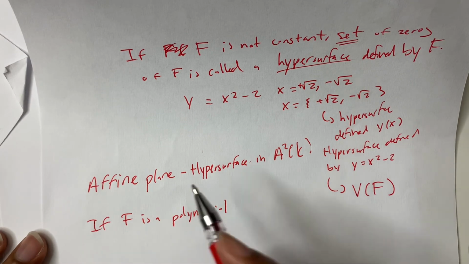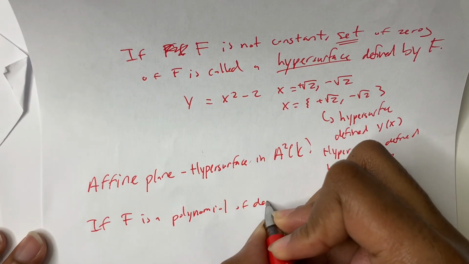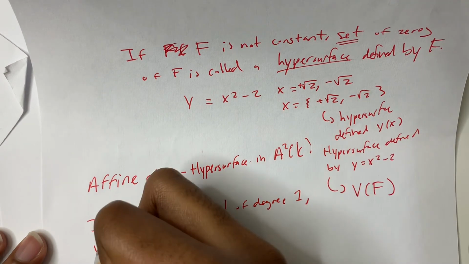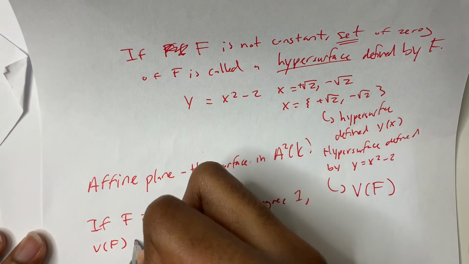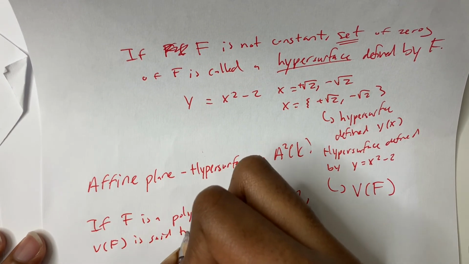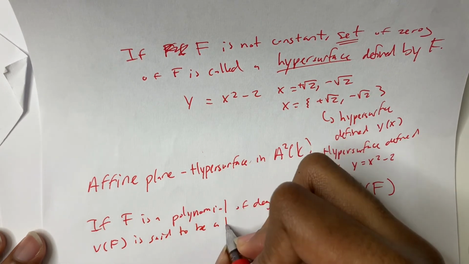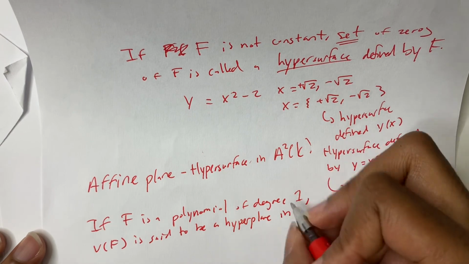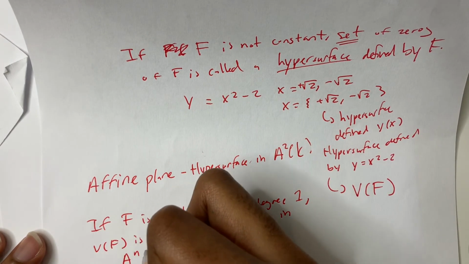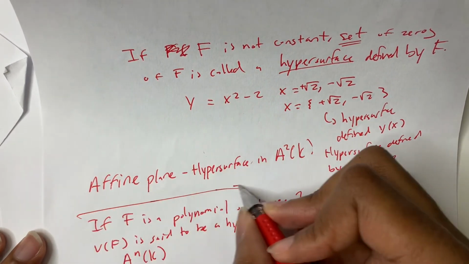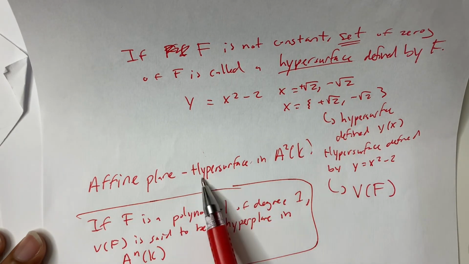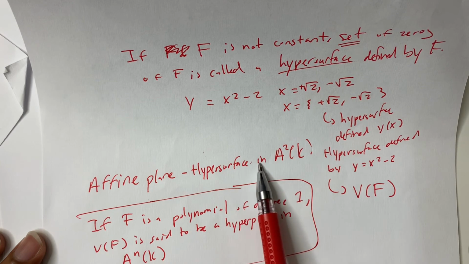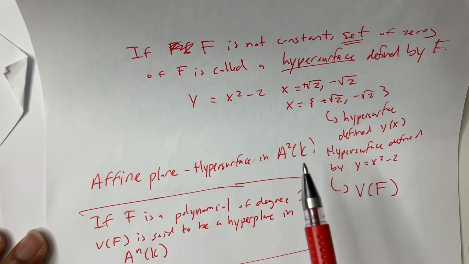So if F is a polynomial of degree 1, V of F is said to be a hyperplane in A n K. Okay, so here we have the affine plane is a hypersurface in A2K, right?